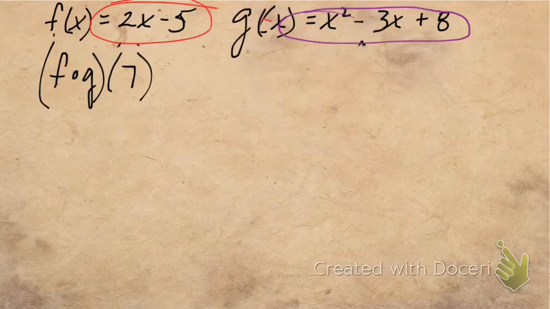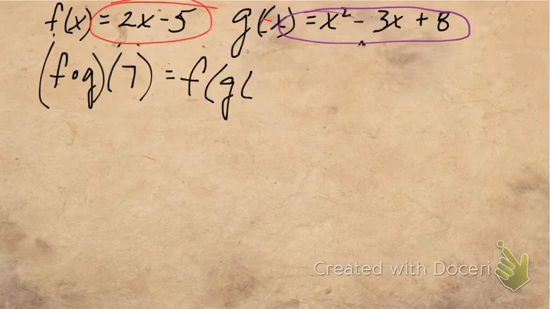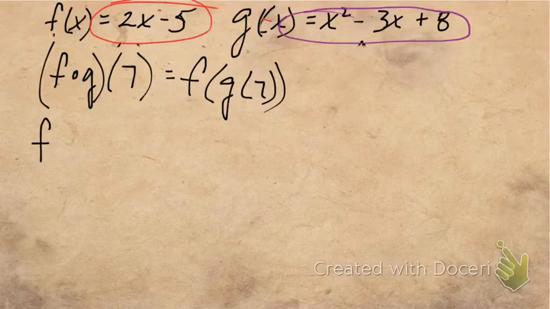So sometimes you may be given this. That is the same as f of g of 7. Okay, which means we're going to look at my g function, and whenever I see an x, I'm going to put a 7 in there.